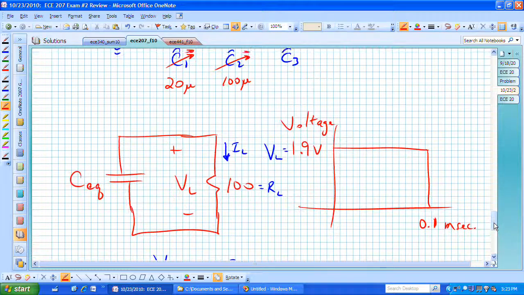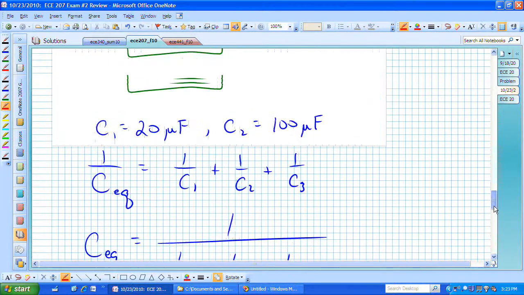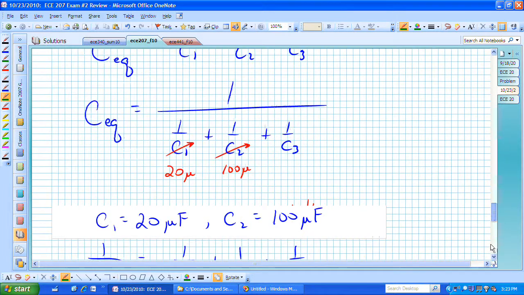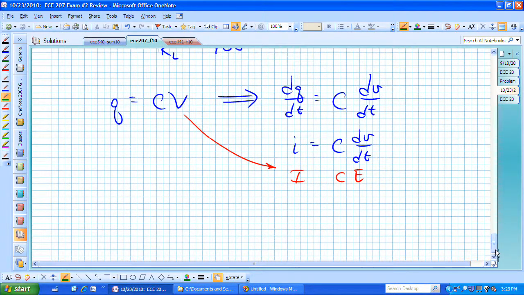We know our change in voltage is 0.2 volts. That's the assumption that the pulse voltage actually changes value by 0.2 volts. That was in our problem statement right here. And that tells us how much our delta Q is during this pulse.